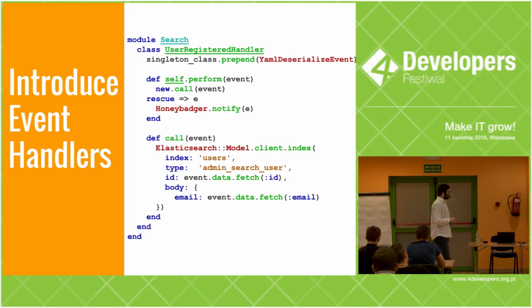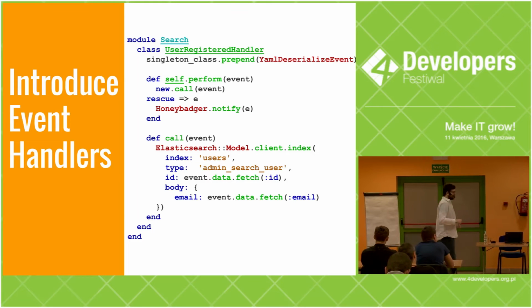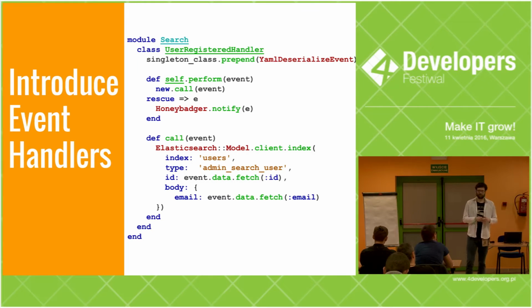And we used to have those services that were taking a lot of dependencies, but at some point we realized that the dependencies passed to our service objects are not helping them decide whether user can register or not. They were merely interested in the fact that user actually registered, and they wanted to do some side effects in other parts of system.